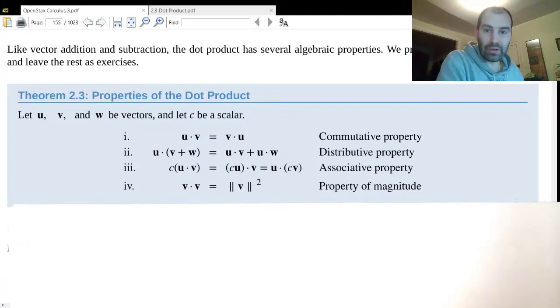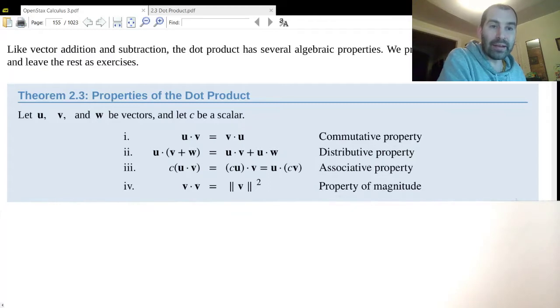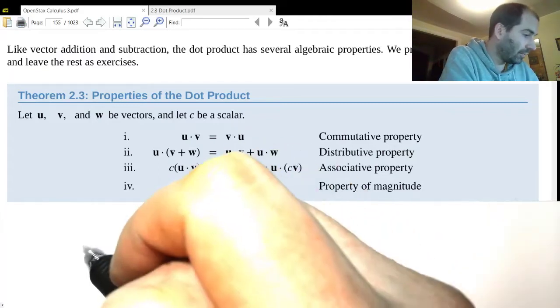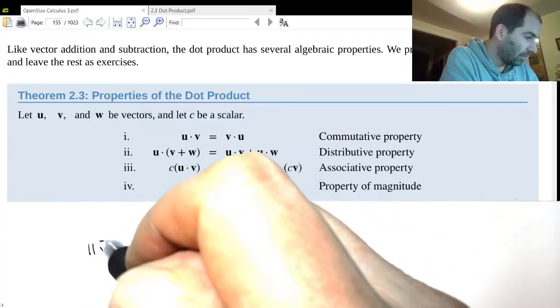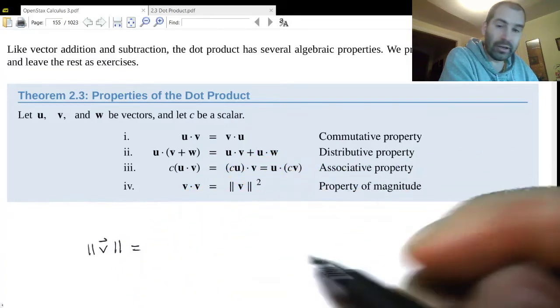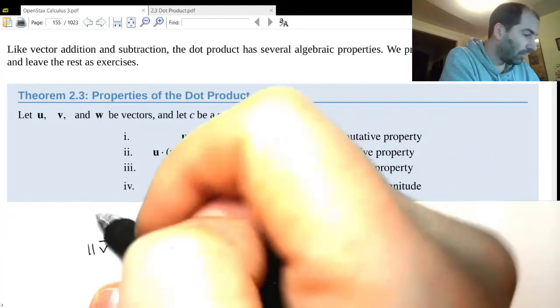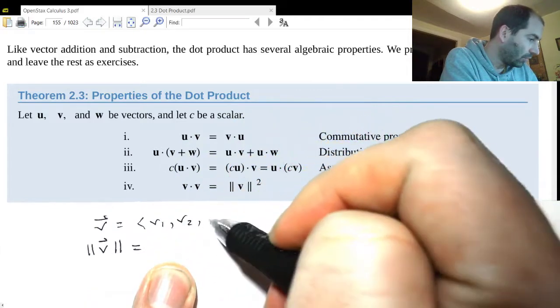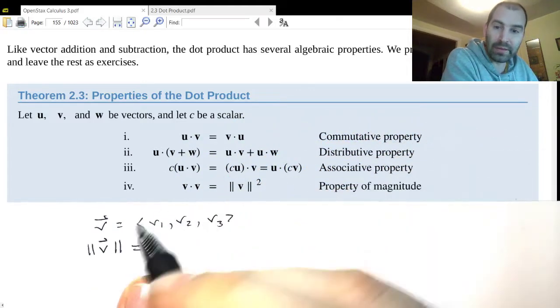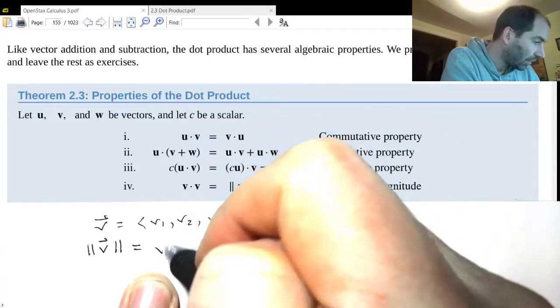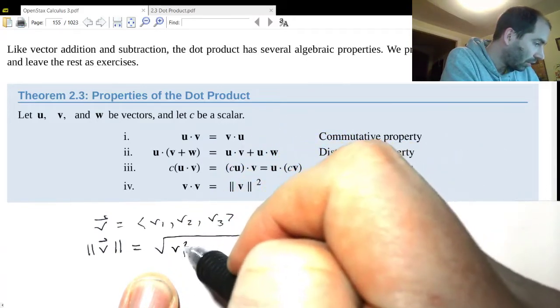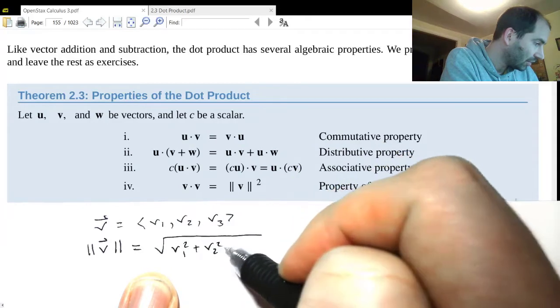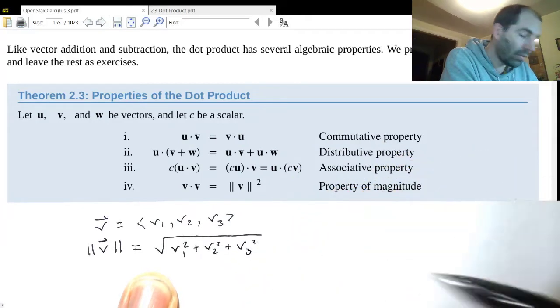Let's just take a quick look. Remember how we defined the magnitude of a vector, right? Well, if the vector had components v1, v2, v3, the magnitude of the vector was defined to be the square root of the sum of the squares of the components.